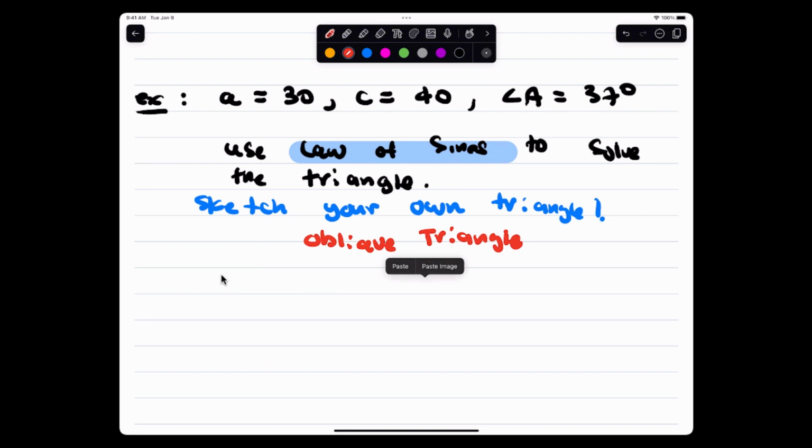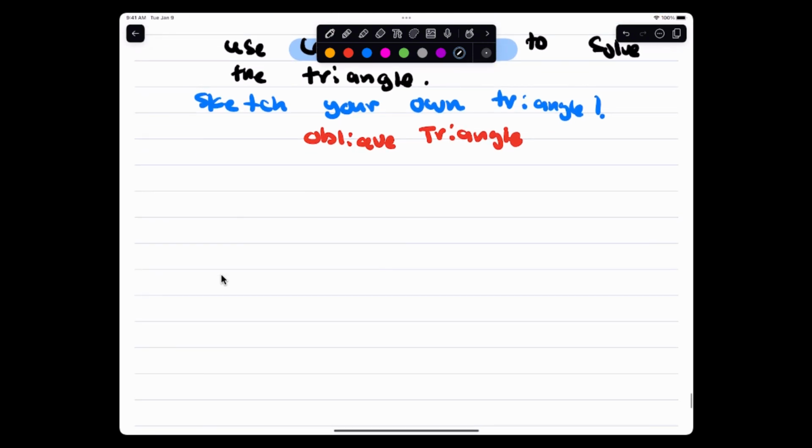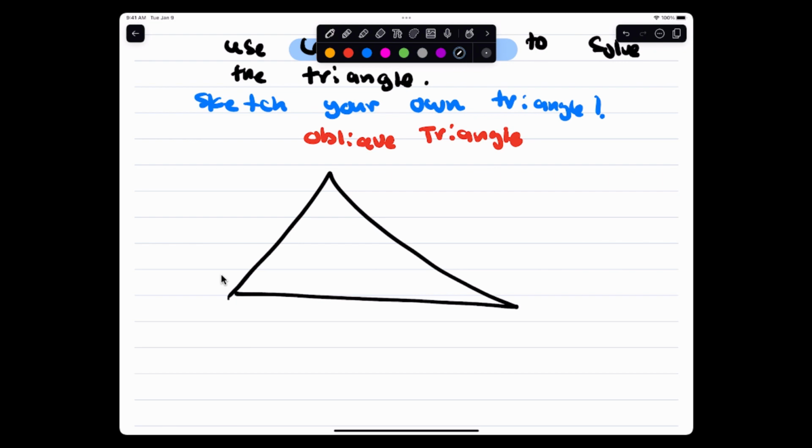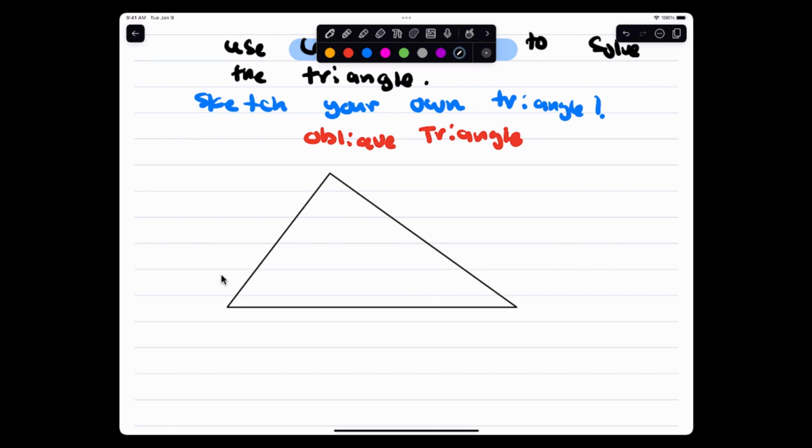So I'm going to do something here. I'm going to focus on what they gave me with an angle. You guys see how they gave me what? A 37 degree angle? So what I would try to do if this were me is I'm going to draw a triangle here where that 37 degree angle, right? Remember now, the question is going to be if it's oblique, do you have an acute triangle? Or do you have an obtuse triangle? So I'm going to write that down.